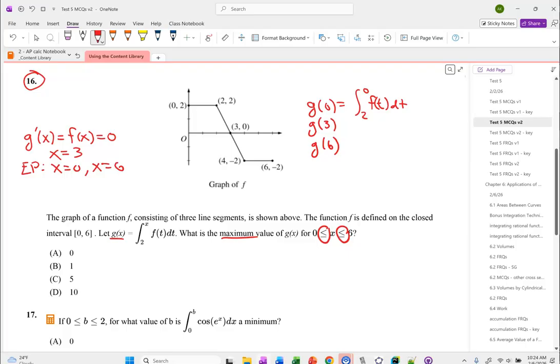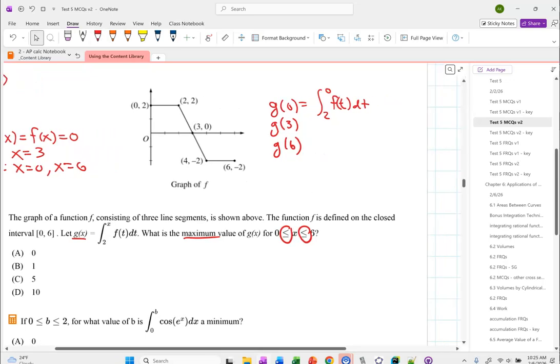So that's that, right? What do you notice about that integral? Look at the bounds. They're going from big to small, right? We don't like that.